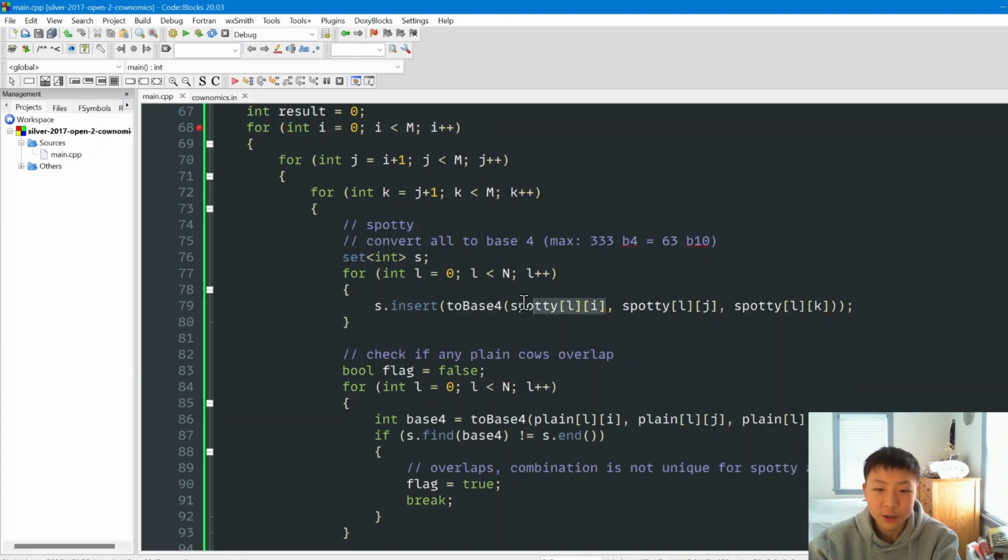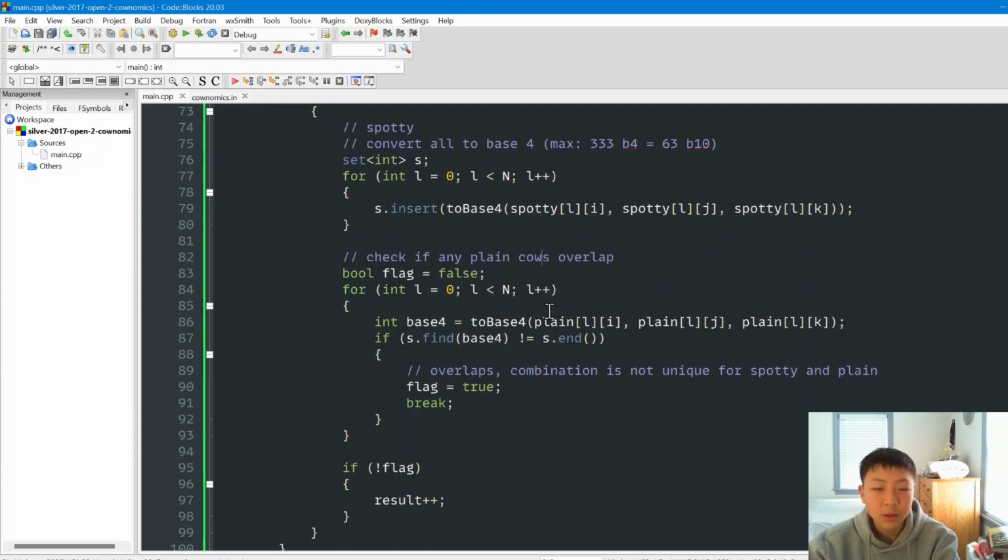So that's going to be the first gene for that cow, second gene for that cow, and the third one. We're going to convert it to base 4, and we're going to put it into the set. And now we're going to check if any plain cows overlap with that. So basically the same thing, converting to base 4, but now we're finding from s instead of adding to s.